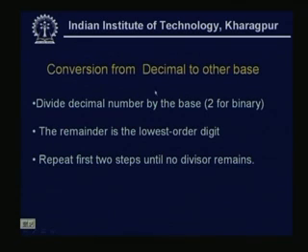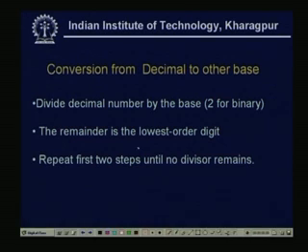So, first thing is that we are thinking about conversion from decimal to any other base. This is a general rule I can tell: divide the decimal number by the base. Base means here the number system that I want to convert to from the decimal number system. Say if I want decimal to binary, that means my base is 2.